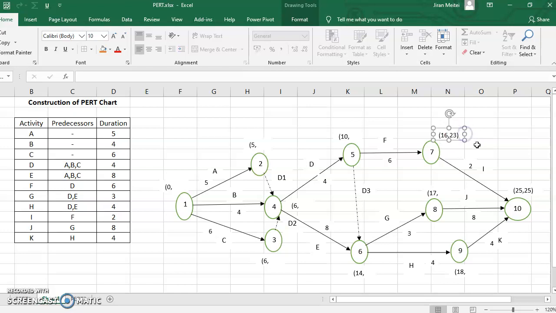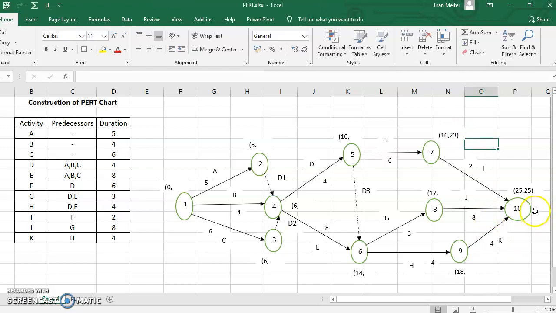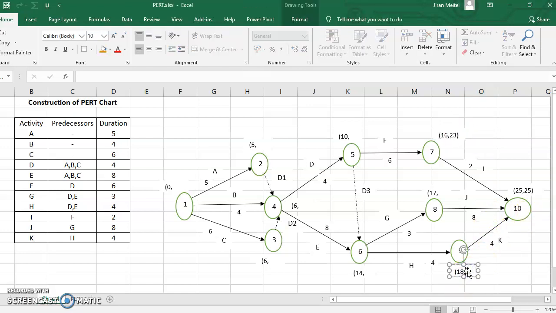Right? And if you follow this direction, it's 25 minus 4 is 21. Right? And you follow this direction, 25 minus 8 is 17. And follow this direction.